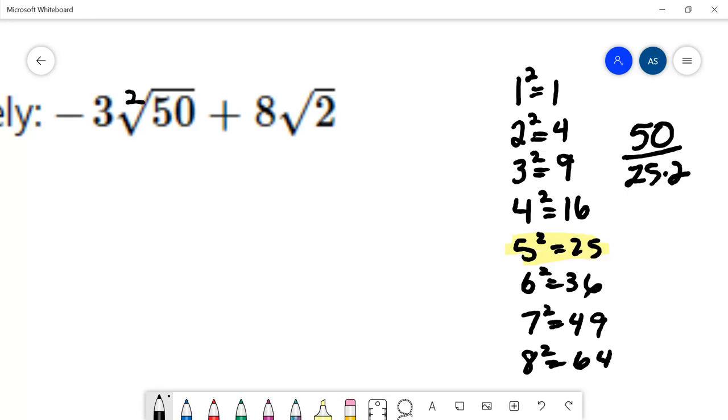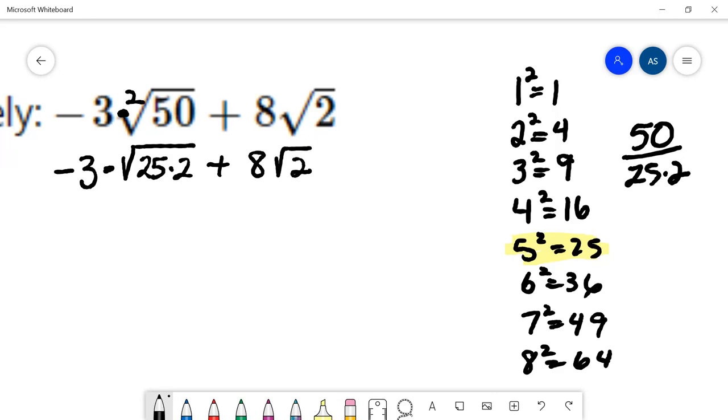So we have minus 3. And the operation in between the negative 3 and the radical is multiplication. And I'm going to rewrite that 50 as 25 times 2. And I'm just copying down the 8 square root of 2.